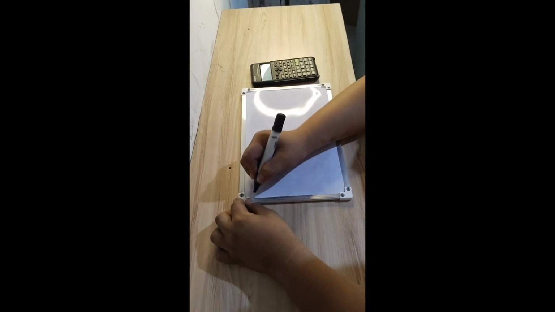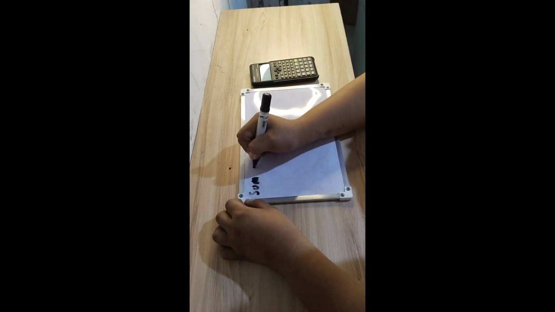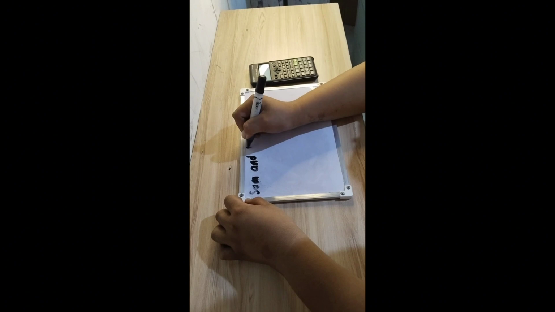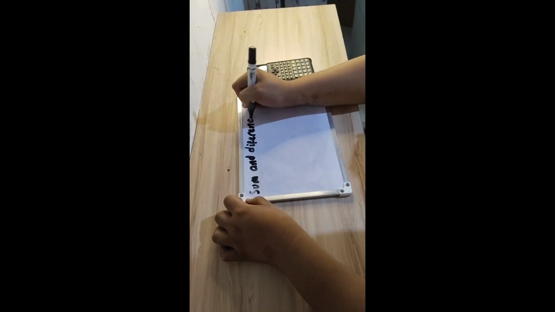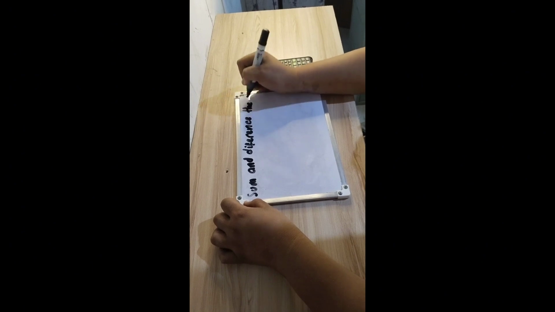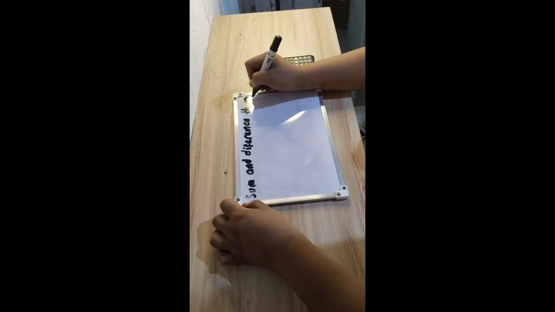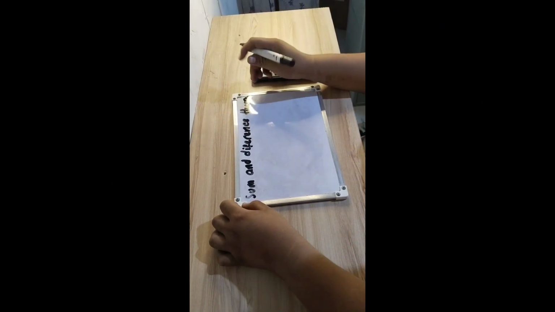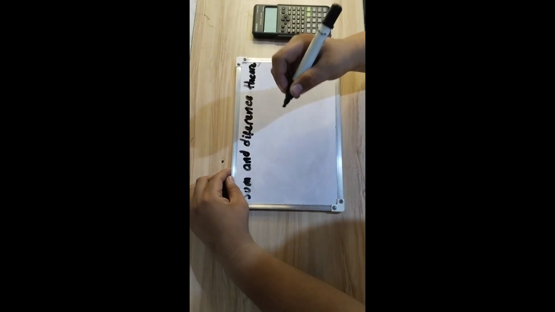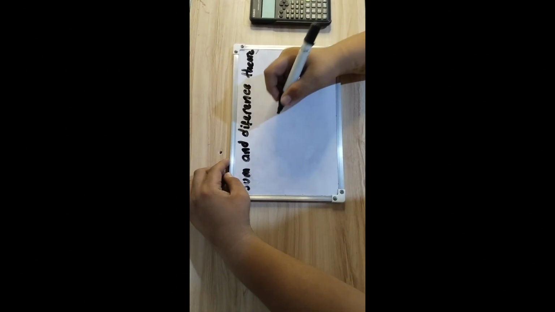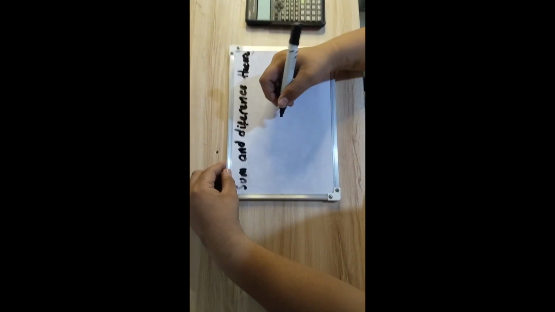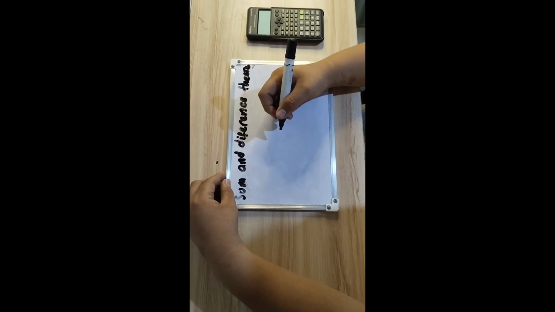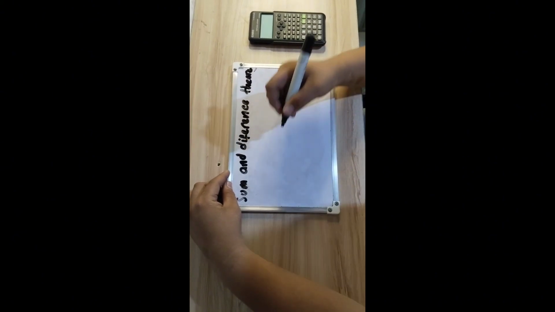Our next topic is sum and difference theorem. Sum and difference theorem: assume that the limits of f and g both exist as x approaches c and that they are L and M respectively.